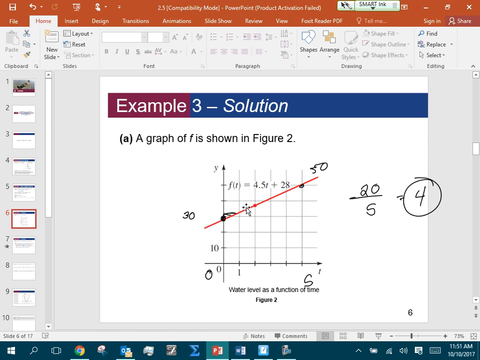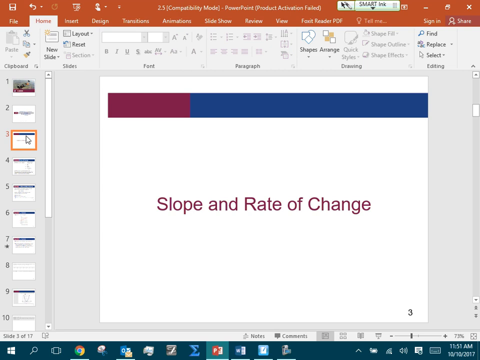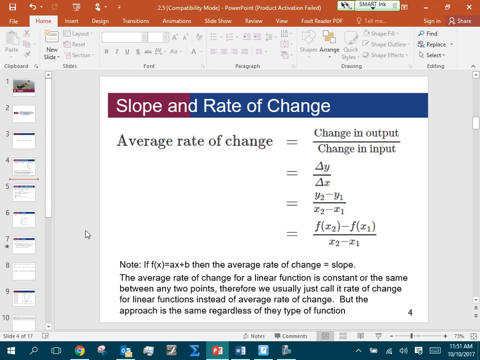That's exactly what you talked about in regards to slope back in algebra 1. When we see the phrase average rate of change, we are talking about slope when it is a line. However, when it's not a line, we still do the exact same procedure. Average rate of change is the change in your output, and we see the word change algebraically means difference, right?